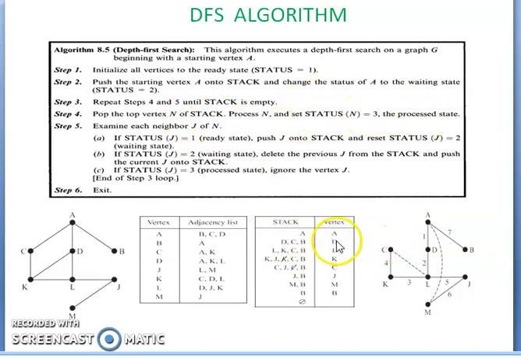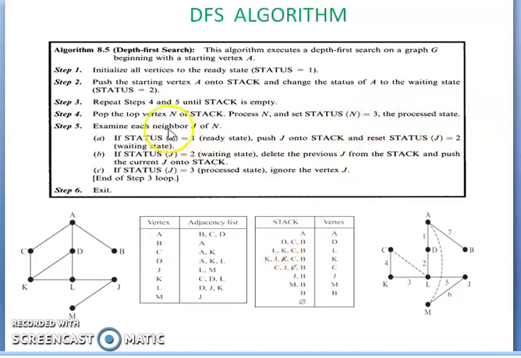Once it is processed, find out its neighbors. If the status of J is the ready state, push it. If the status of J is the waiting state, delete that one from the stack and push the current J onto the stack. Now you only change D's status to 3.